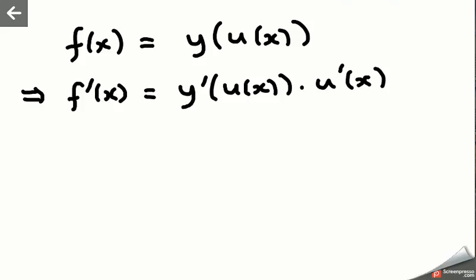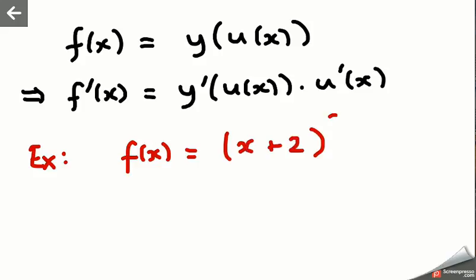If you're not familiar with what's going on here, a function of a function, what the heck is that? Let's take a quick look at that. So for example, let's take f of x equals x plus 2 cubed.